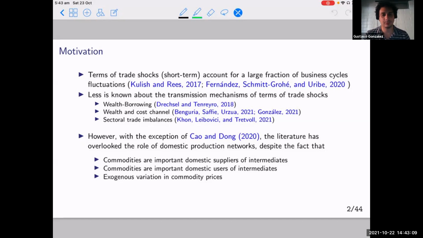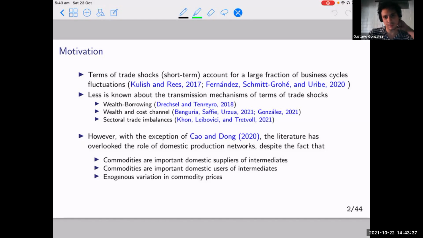We've had recently many papers trying to understand the transmission mechanism of these terms of trade shocks, and papers by Miguel and Gustavo were going in that direction as well. The three most studied channels are the wealth channel, the cost channel, which Gustavo discussed before.